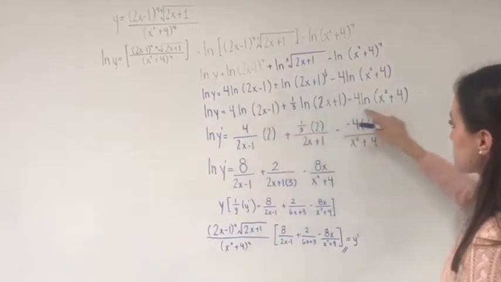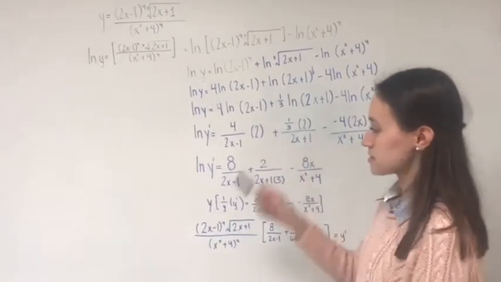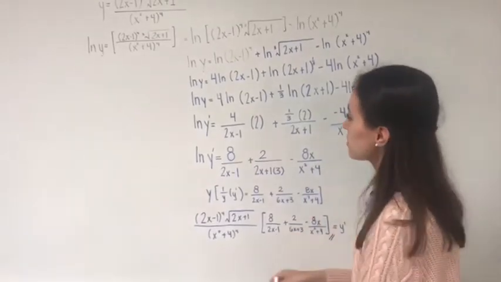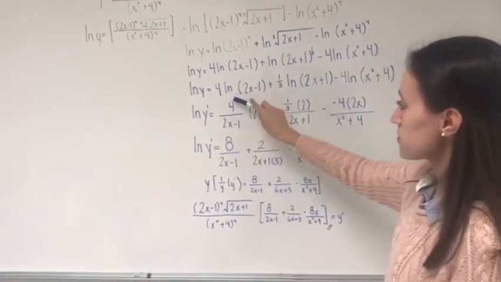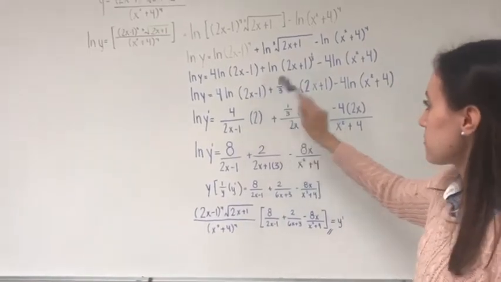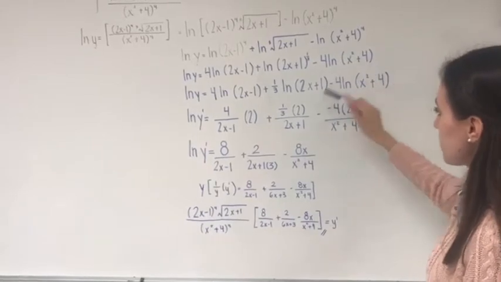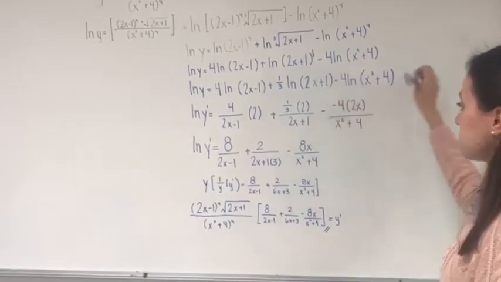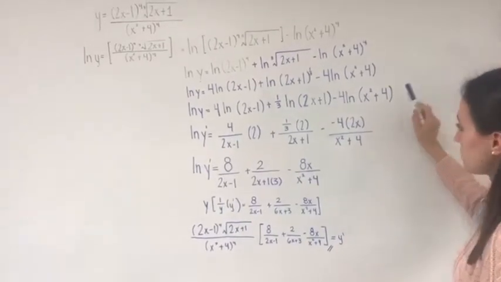So now we have an expression without exponents, and then the next step is to derive the expression. So we take down the argument, and we multiply it by the derivative of the argument. We do the same in here, we take down the argument and we multiply it by the derivative of the argument, and in here we take down the argument and we multiply it by the derivative of the argument.